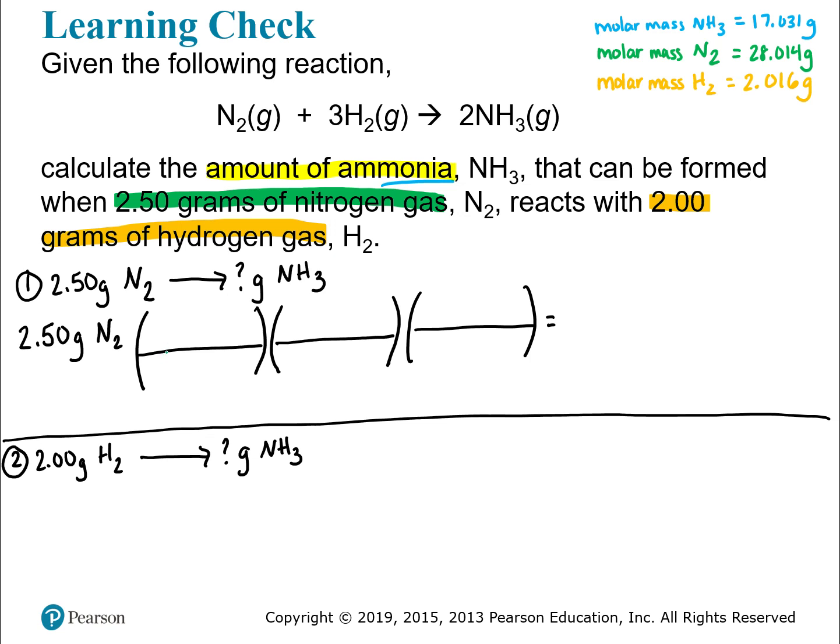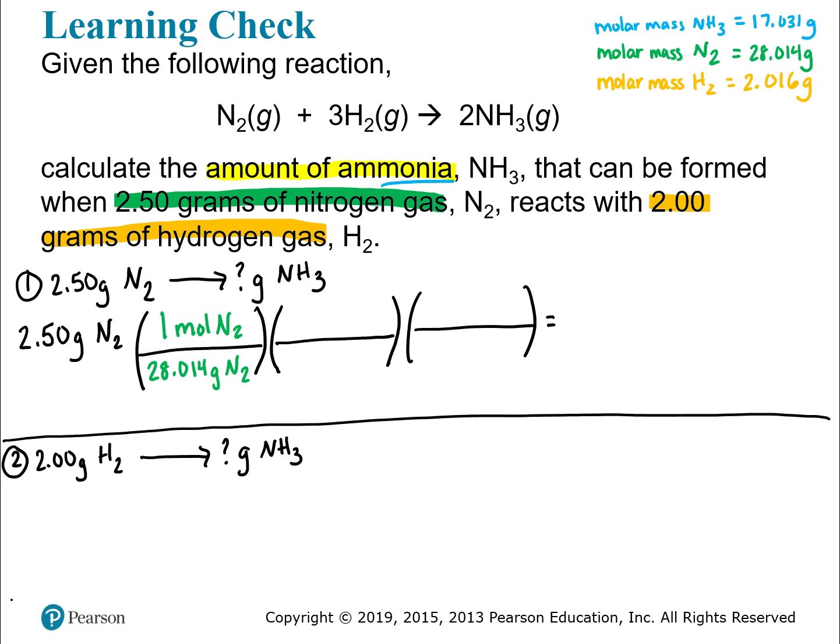For the first step, the number of grams goes in the bottom, because we're trying to cancel out with the grams on the top. We put moles of nitrogen in the top. That's just the definition here. 1 mole of nitrogen gas is equal to 28.014 grams of nitrogen gas.